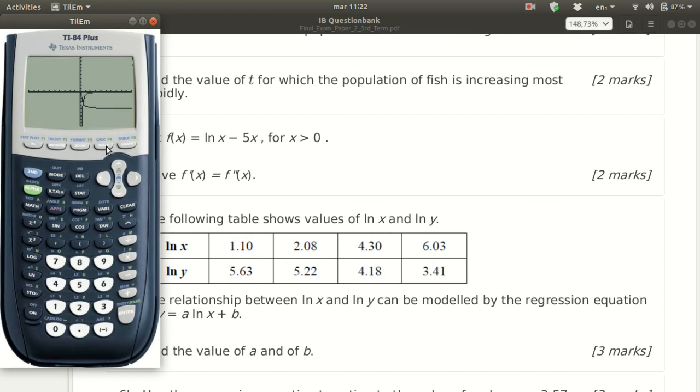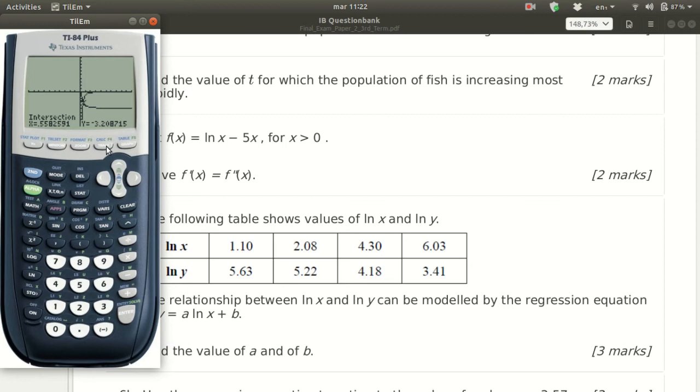Guess, just click enter. There it is. The intersection occurs at 0.558. Rounding to three significant figures, three significant figures all the time, 0.558.